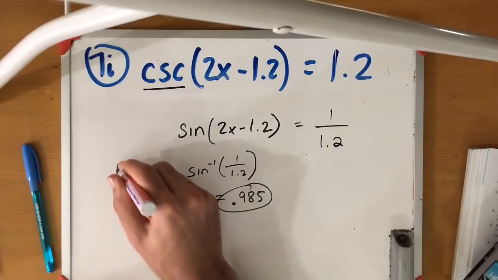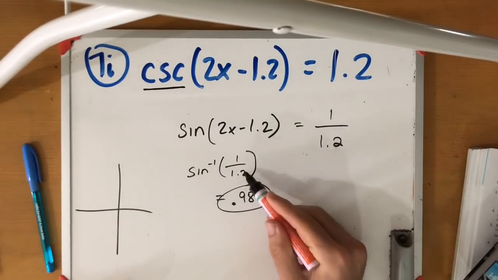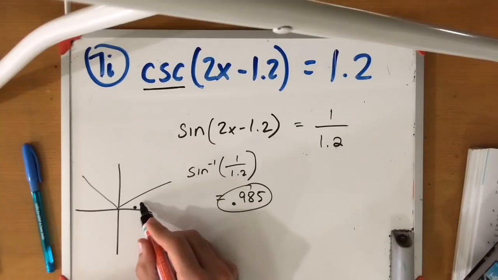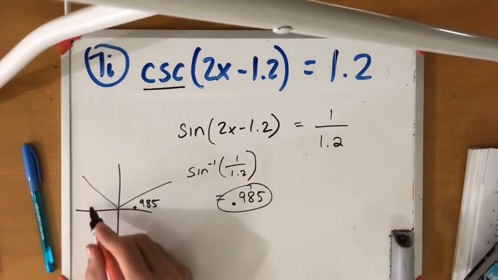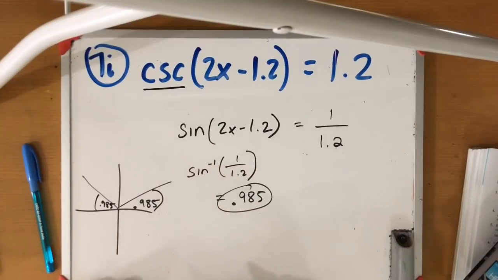So again, where is sine positive? Sine is positive here and sine is positive here. You have 0.985 and 0.985, right? So let's figure out what this is in reference to our base angles.